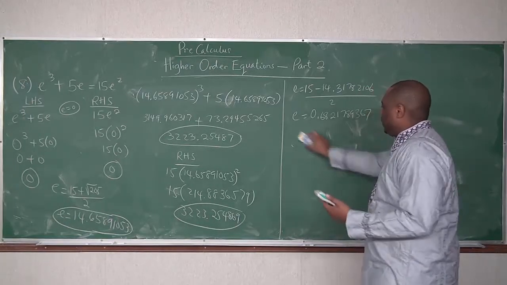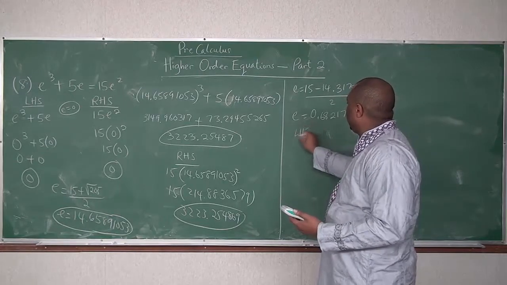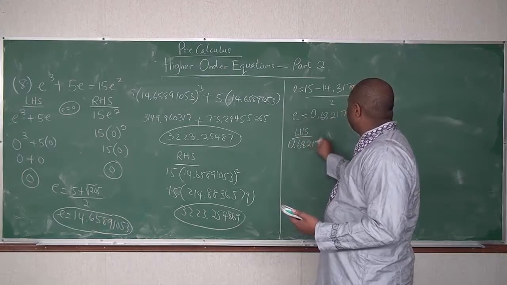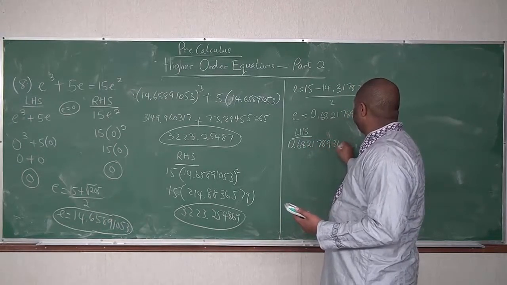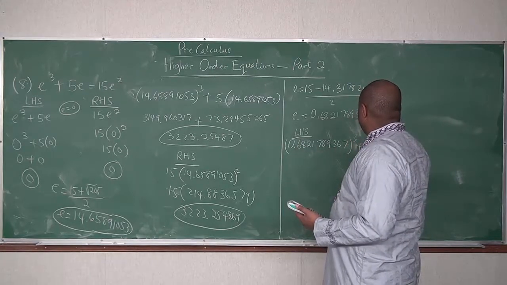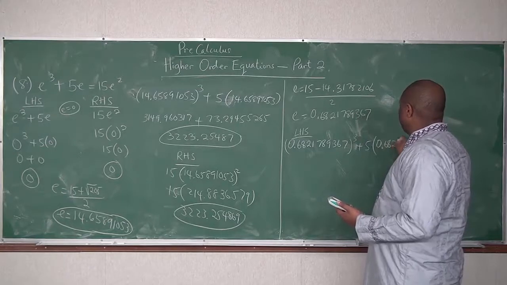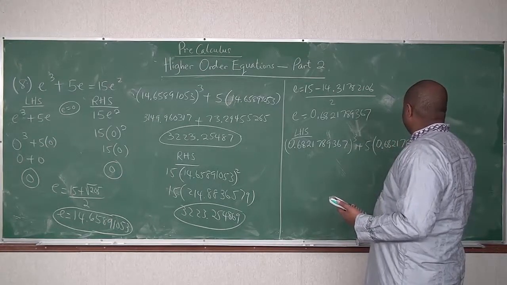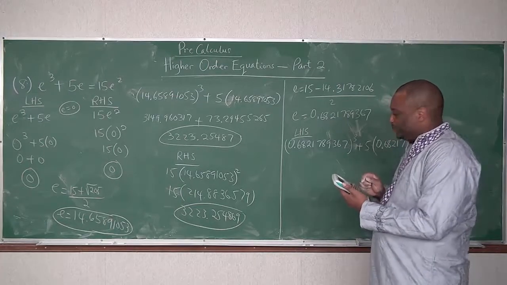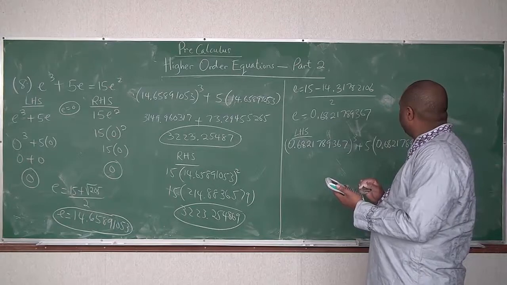Now let's look at the left hand side. Left hand side will be 0.6821789367 cubed plus 5 times 0.6821789367. Okay. So this now, all cubed, raised to power 3, is this, okay?